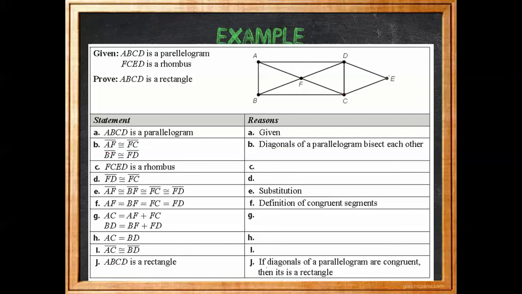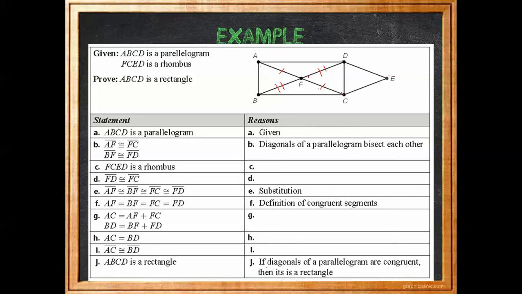So the first thing, if we know that it's a parallelogram, okay, then we know that AF is congruent to FC, and we know that BF is congruent to FD, because right now all we know is it's a parallelogram. Okay, so these are the things we know for sure. That's diagonals of a parallelogram bisect each other.